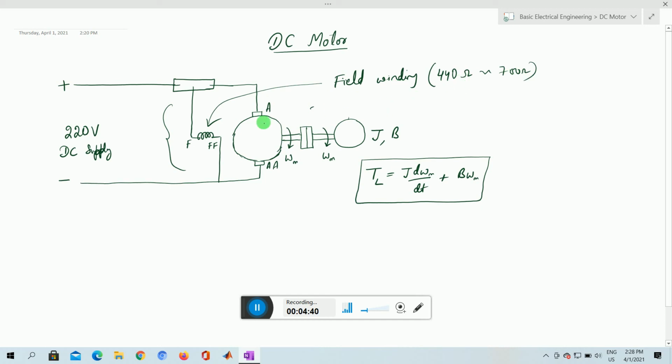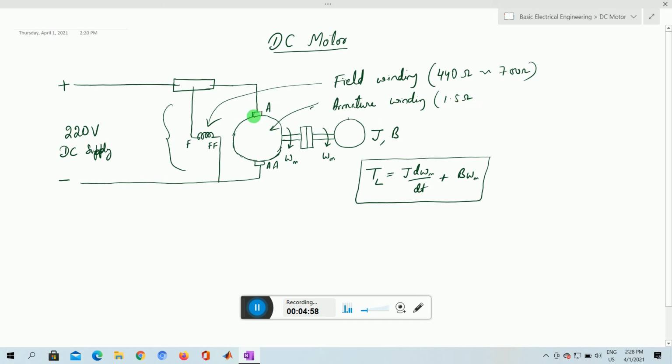Indirectly, the field winding resistance is usually very high. And this is the armature winding, and the resistance of the armature winding is nearly 1 ohm or 1.5 ohms.